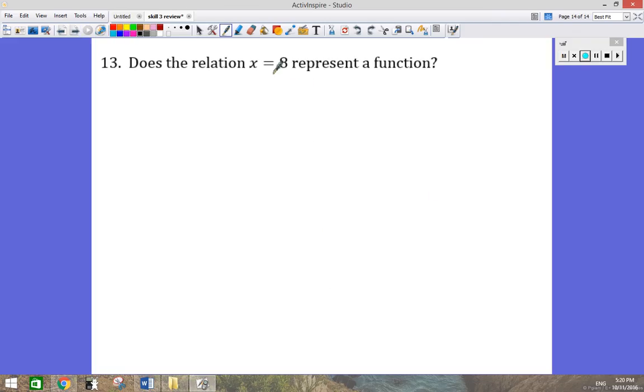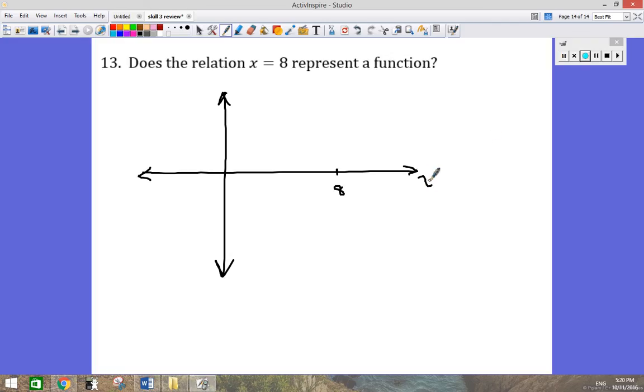Well, now here we have something interesting. We don't have a y value. So this relation x equals 8, well, in context, we're supposed to understand that this is not just a single value of 8, that this equation in the real plane, in a two-dimensional plane, if we graph a vertical line and we look at multiple points on this line, the one thing all of these points have in common is they all have an x-coordinate of 8.